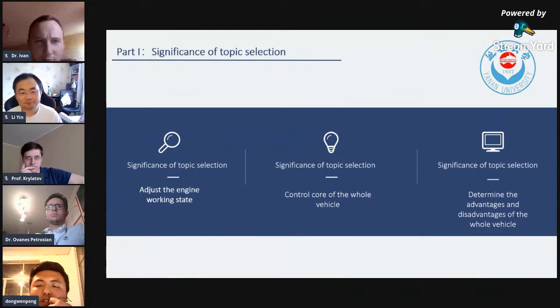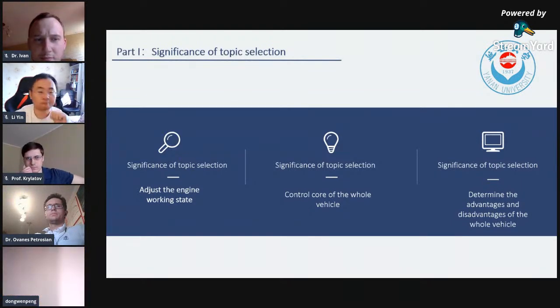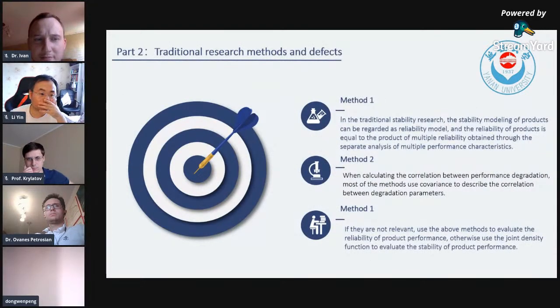The traditional research on the stability of the engine ECU system is based on static analysis of the failure time based on constant data, which has some limits and seriously affects the performance of the engine electronic control system. In traditional stability research, the stability of the ECU can be treated as a reliability model, and the reliability of the product is equal to the cumulative failure parameter.